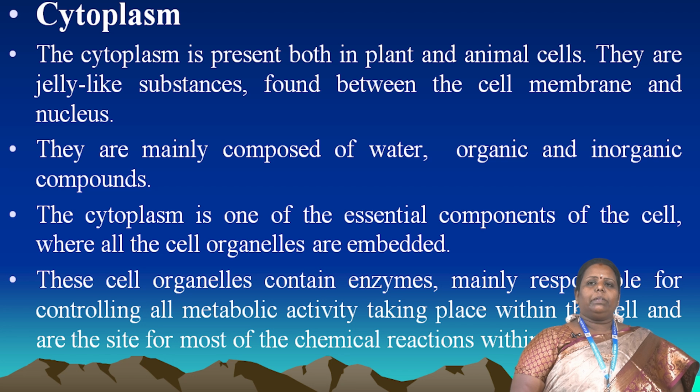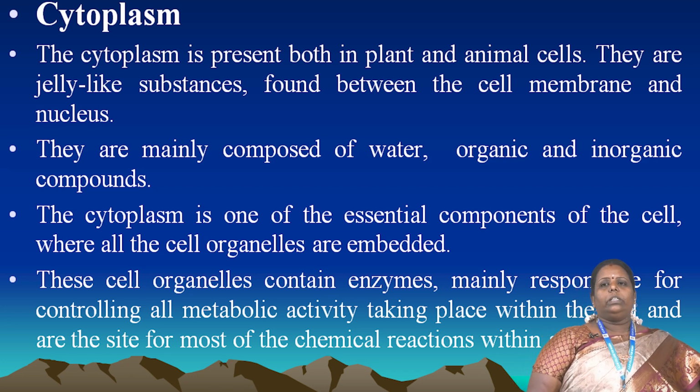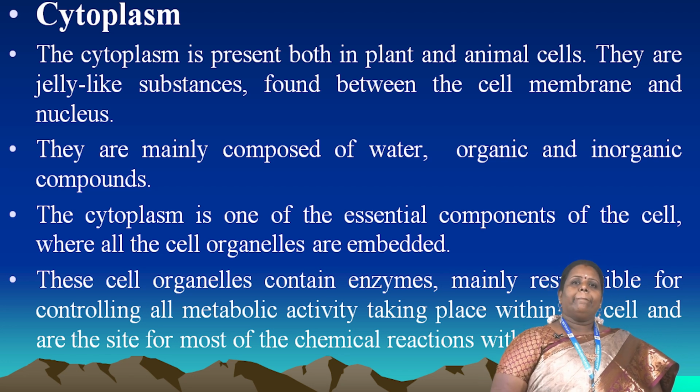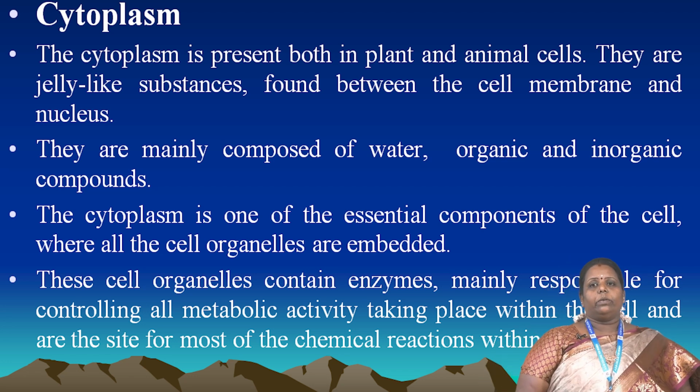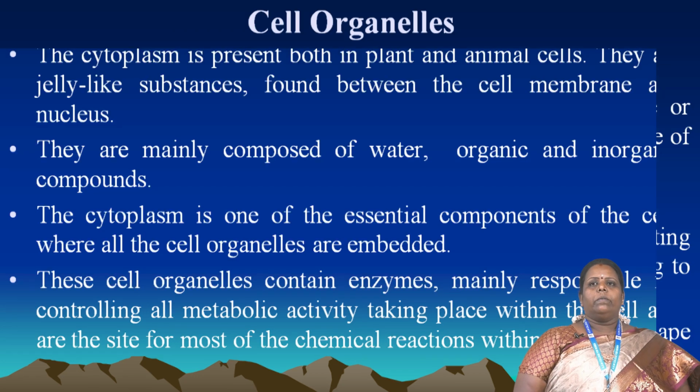The cytoplasm is one of the essential components of the cell, and all the cell organelles are embedded in the cytoplasm. These cell organelles contain the enzymes mainly responsible for controlling all the metabolic activity taking place within the cell, and the site of most chemical reactions within the cells.